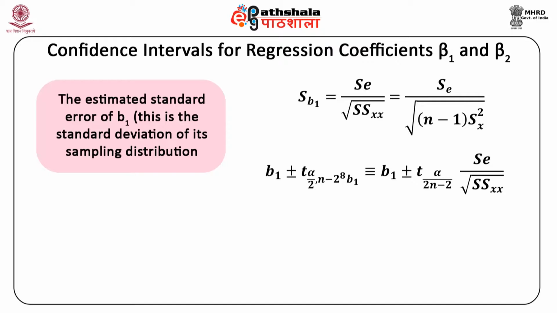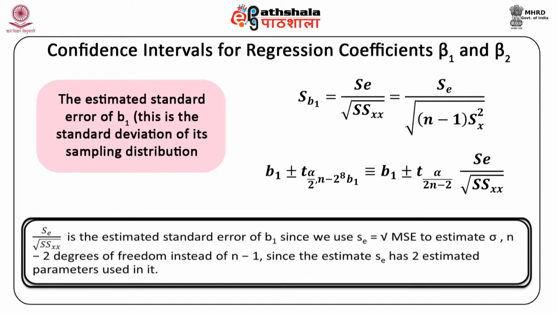Please note that SE upon the square root of SSxx is the estimated standard error of b1, since we use the standard error equal to the square root of MSE, which is the mean square error, to estimate sigma.